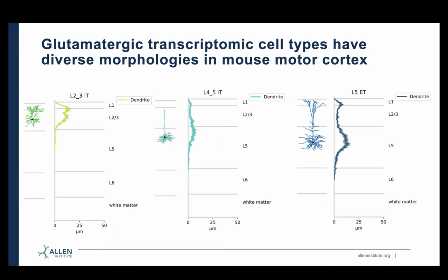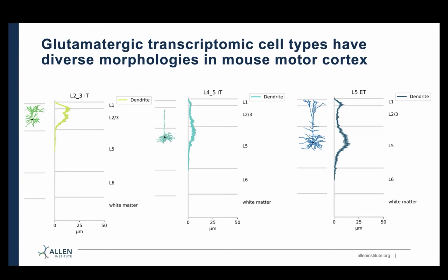The layer markers are indicated on the right of the histograms, and the amount of branch length is down here on the x-axis. In this case, we're showing the branch histogram for just this particular neuron, but when we actually analyze the data, it will generate an average histogram.